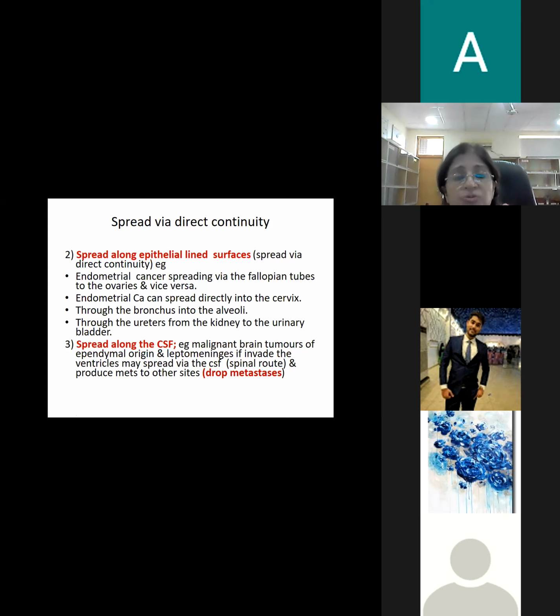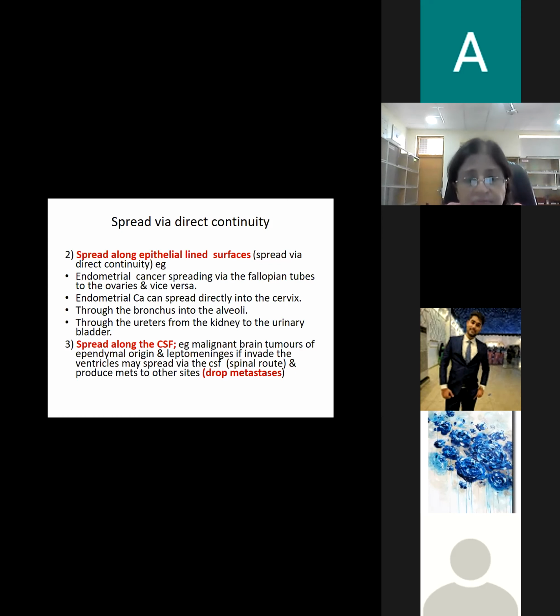If there is a tumor, ependymomas, which are mainly tumors present in the ventricles of the brain. हमारे lateral ventricles हैं, हमारा fourth ventricle है, हमारा third ventricle.